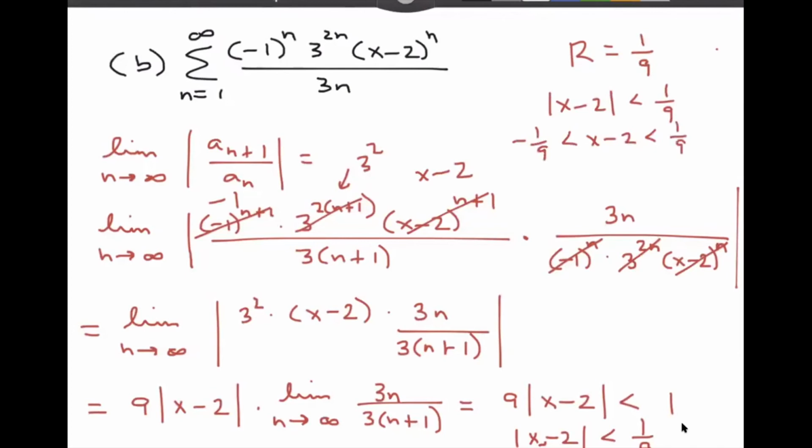And if you add 2 to everybody, that means that x is between 17 ninths and 19 ninths. All right, so we have to test x equals 19 ninths and x equals 17 ninths, unfortunately. Why don't we start with 19 ninths?